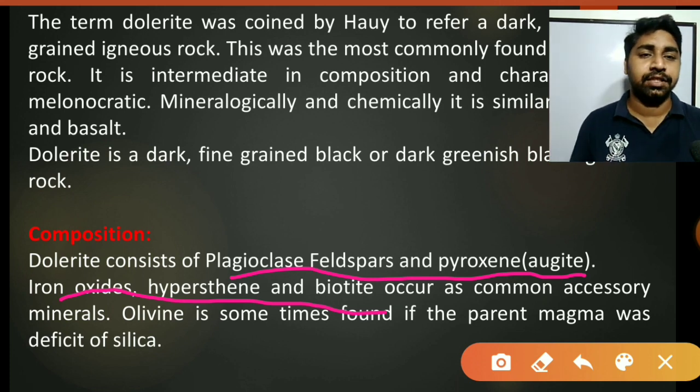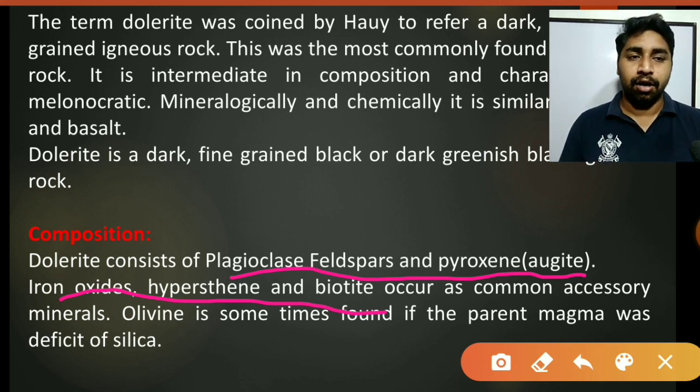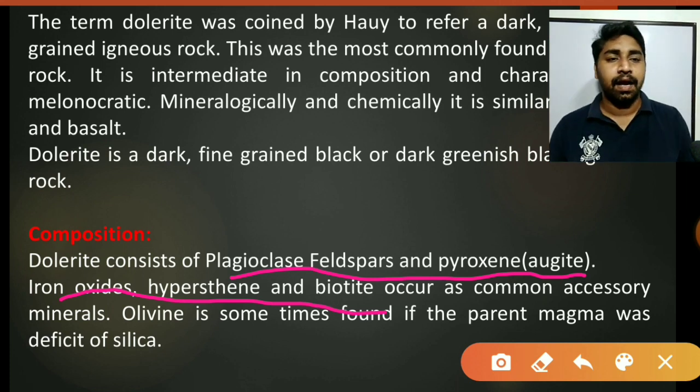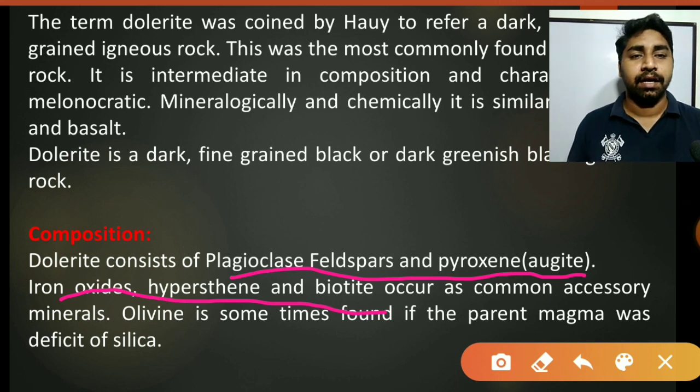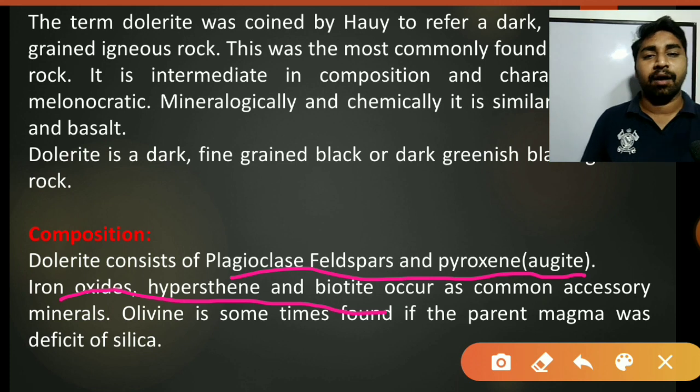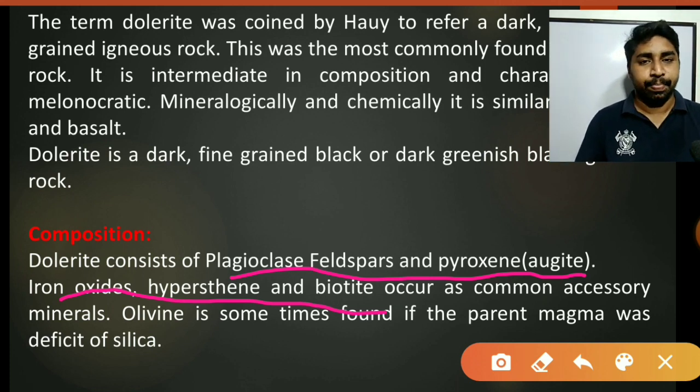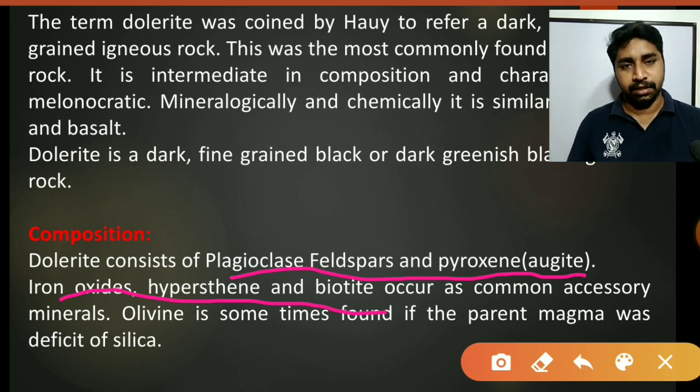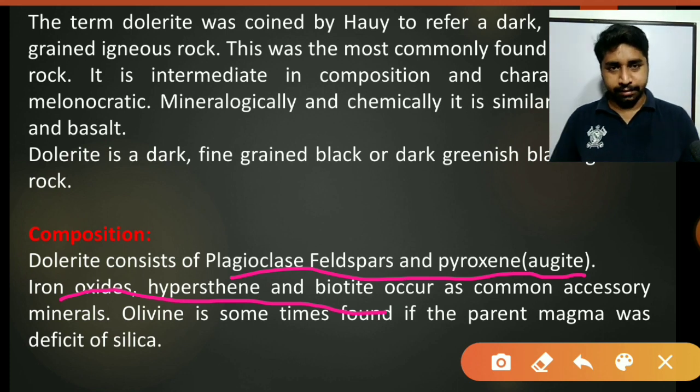But mainly dolerite consists of plagioclase feldspar and pyroxene, augite. These two combined form the dolerite, so these two are the essential minerals. Without these two minerals, we cannot say that it is dolerite.